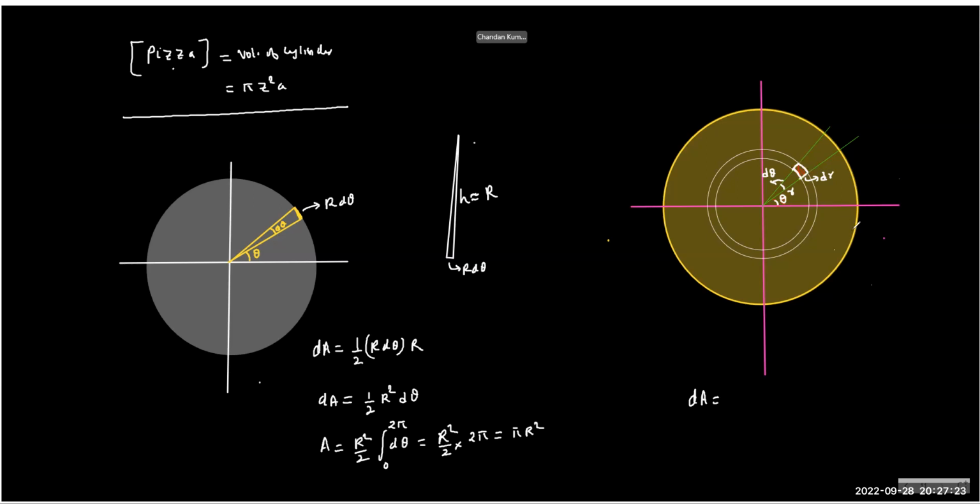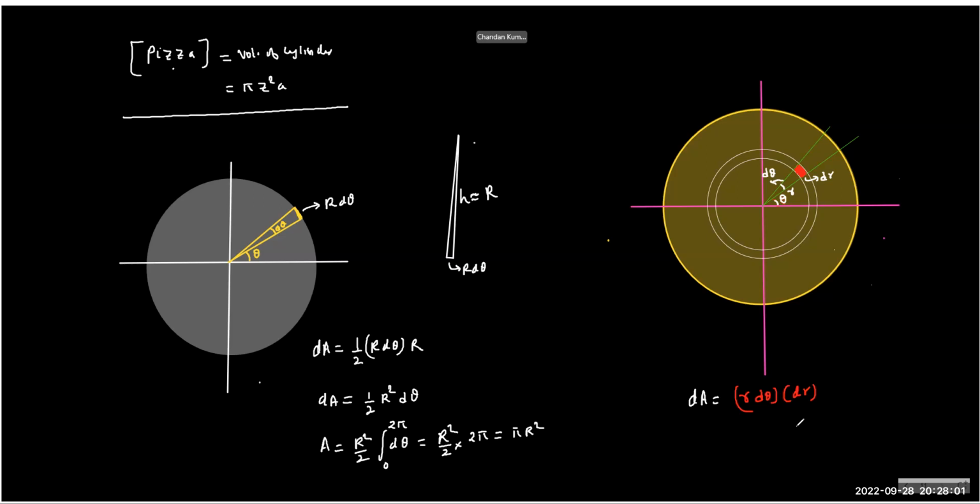Very good. So can you see the length and width now? For the rectangle which I have shaded here, this red area, what is the area? dr into r d theta. Very good.